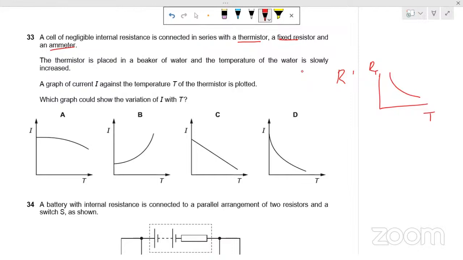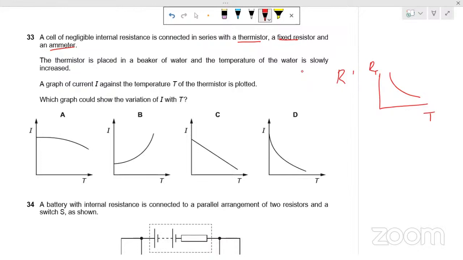A graph of current against temperature is plotted. So how does the current change with temperature? Please think about this question.